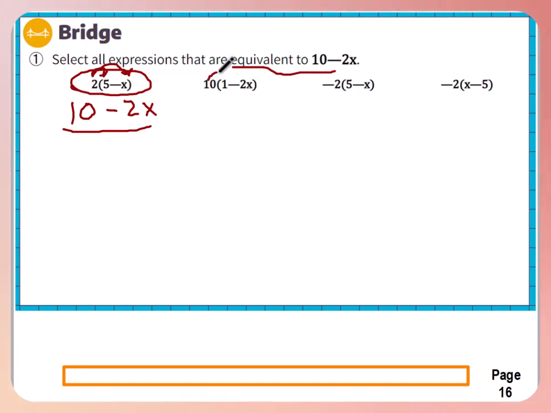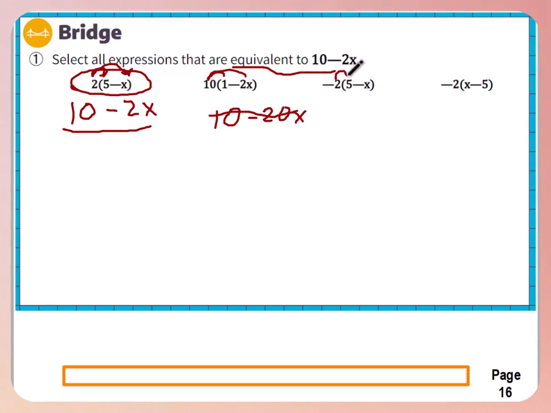Let me distribute the 10 into both terms. We're going to be multiplying 10 times 1 and 10 times 2. 10 times 1 is 10. Put that minus sign down, and then 10 times 2 is 20. Don't forget we're multiplying it by 2x, so this is going to be 20x. Now that does not look like this, so I'm going to mark that one out.